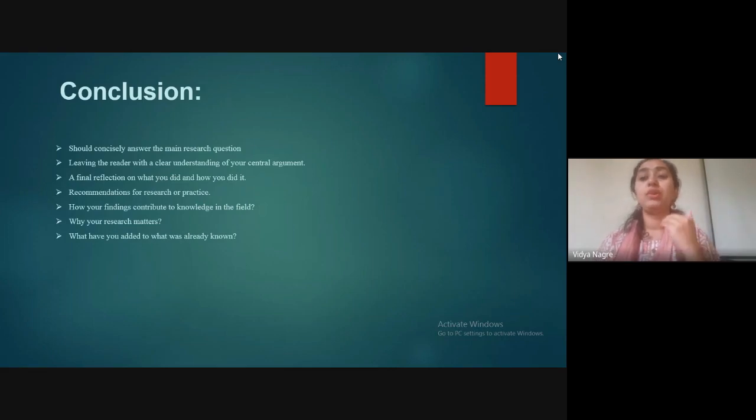And then you also add scope for further research and pedagogical implications. Under scope for further research, you can recommend certain topics which you could not investigate due to the limitations of your research, and other researchers can work on those topics.